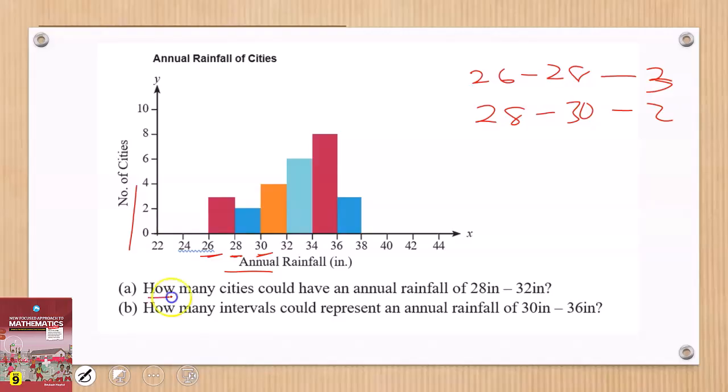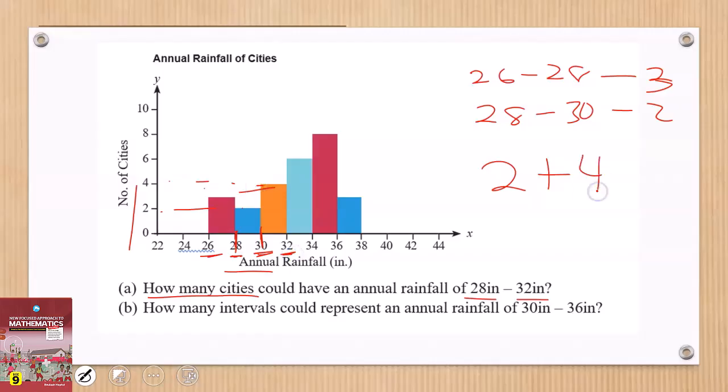So now the question is, how many cities could have an annual rainfall of 28 to 32 inches? Now with 28 to 30, we have two cities. You see that? So I can say two cities, plus between 30 also to 32, we have four cities.